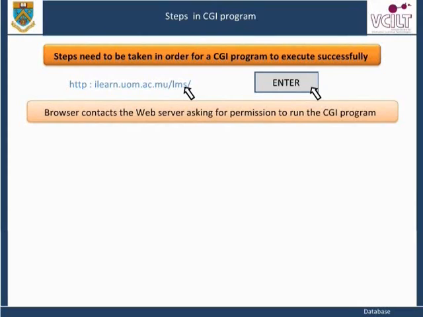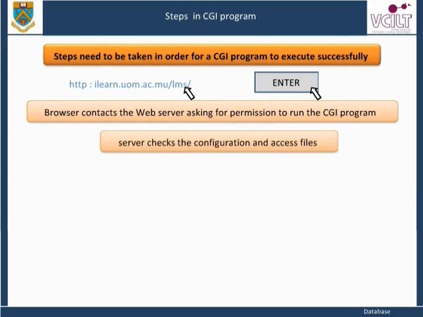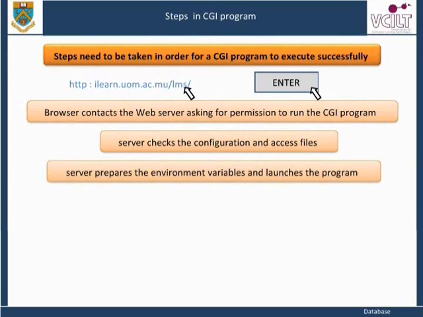The browser contacts the web server, asking for permission to run the CGI program. The server checks the configuration and access files to ensure that the program exists and the client has access authorization to the program. The server prepares the environment variables and launches the program.